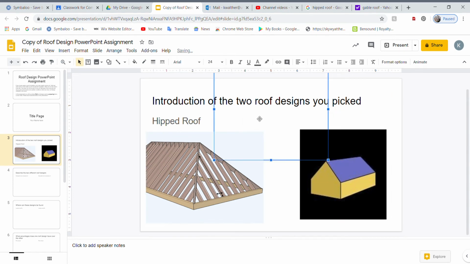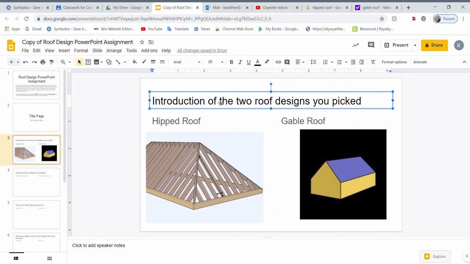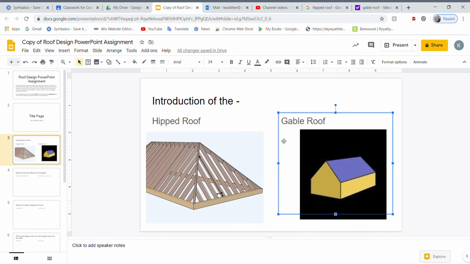Whoa, what did I just do? I don't know what I just did. Undo. All right. So, introduction of the 2 roof designs you picked. So, hip roof, gable roof. I'm going to get rid of the rest of it, and I'm going to put a little tab there. Pretty simple, guys. So the first slide, it's truly that simple.